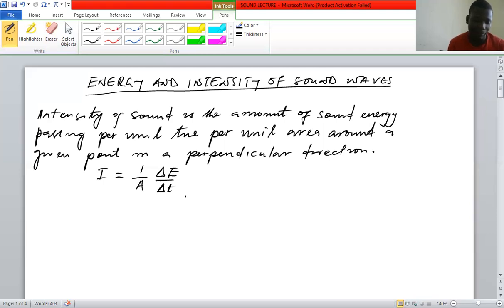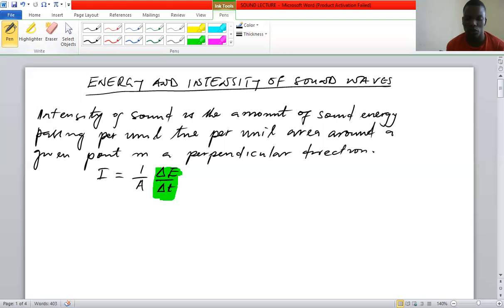Now, when you look at this mathematical expression that we have, I want you to take a look at this mathematical expression. This is energy per unit time. Okay, that's energy per unit time. And the rate of energy transfer, I think you did that in probably when we are dealing with work, energy, and power.